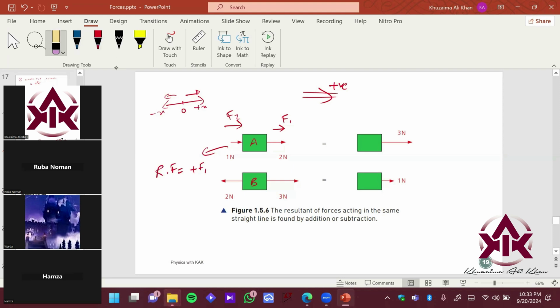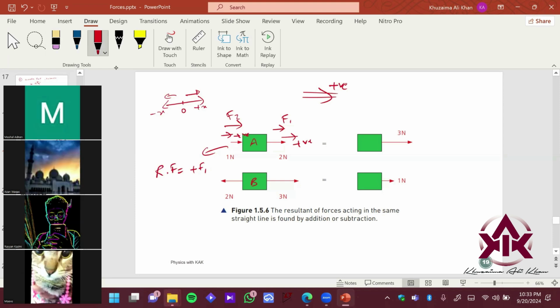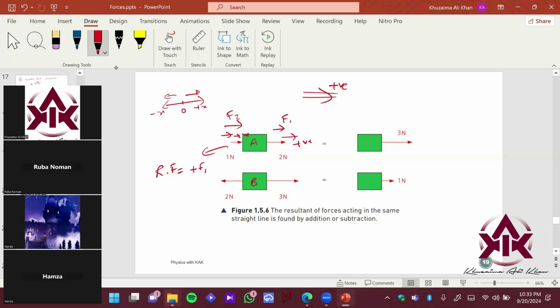You can see that F1 is in the positive direction and F2 is also in the positive direction, so you just vector add them. It's simply addition of forces. If both are in the same direction, you simply add them together. So it's going to be 1 plus 2. Therefore, the resultant force, the final force which is going to be pulling or pushing the object, is going to be 3 newtons in this direction.